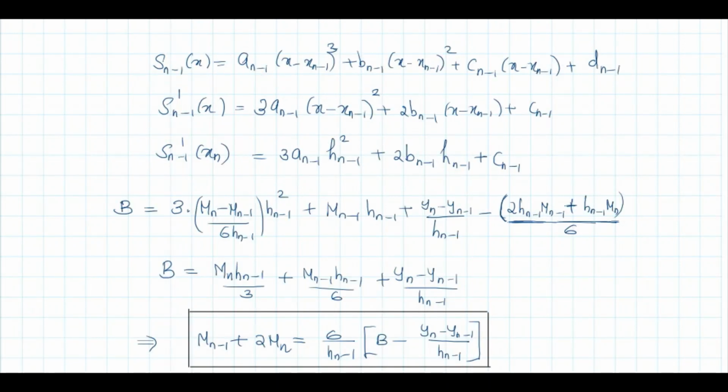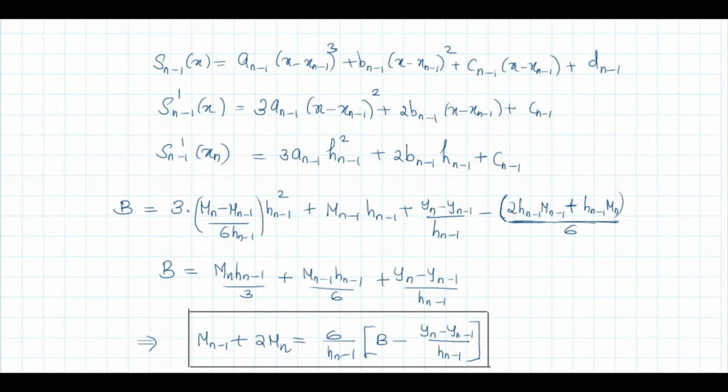Then the final spline Sn minus 1 of x, that is an minus 1 into (x minus xn minus 1) cube plus etc. Okay, then take the derivative, then put x equal to xn. You will get 3 an minus 1 hn minus 1 square plus 2bn minus 1 hn minus 1 plus cn minus 1.